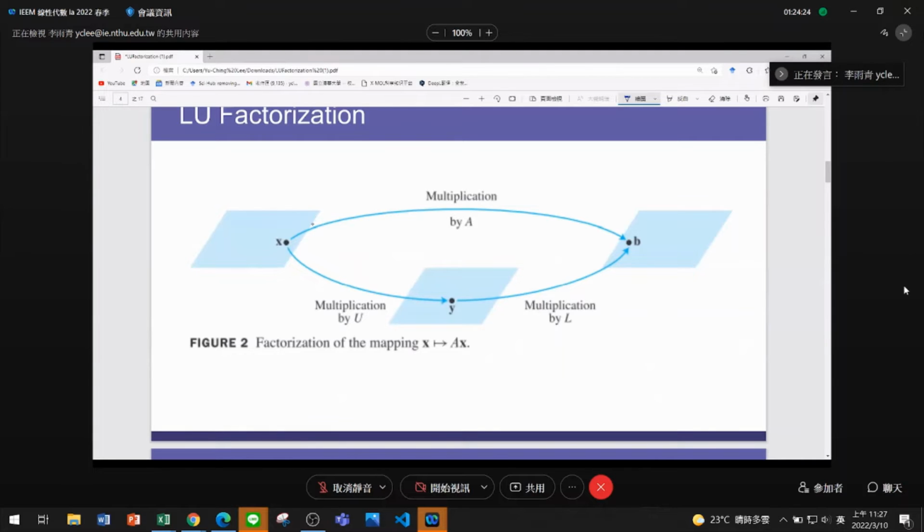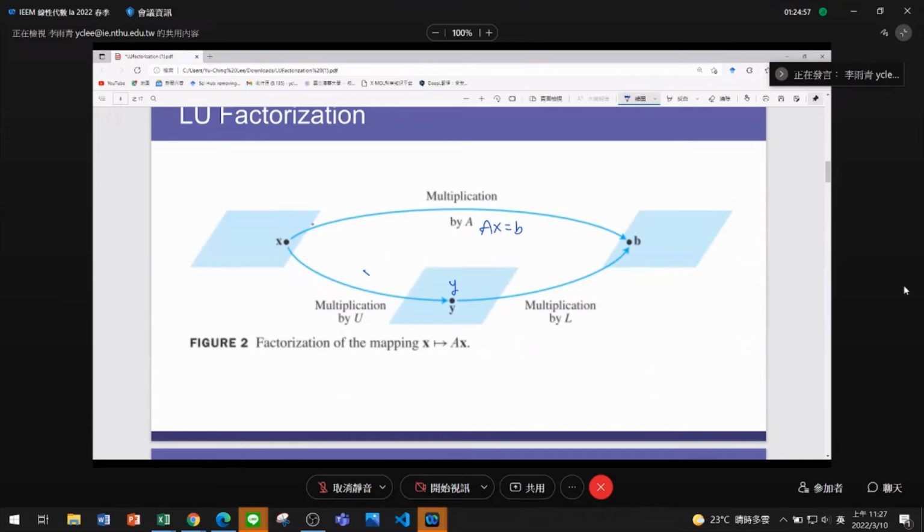That means we are left multiplying x by A, and that equals b. Now we have an intermediate stop, like a two-segment itinerary, where an airplane goes from one origin to the destination but there is a stop in the middle.